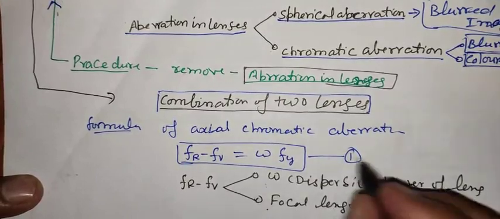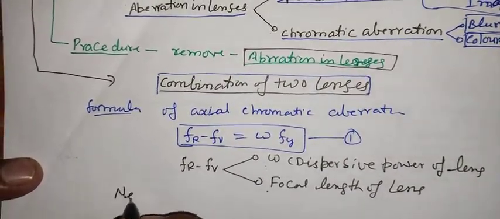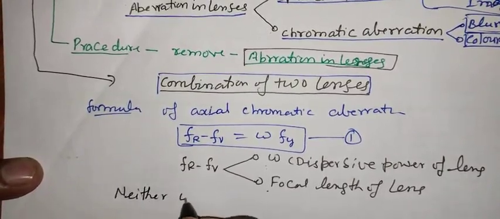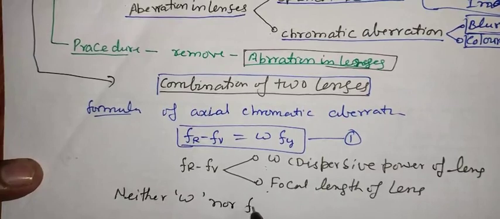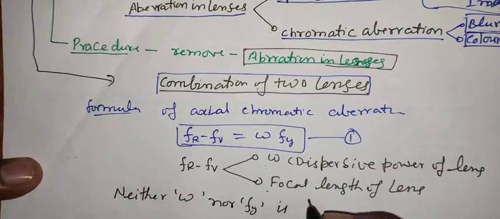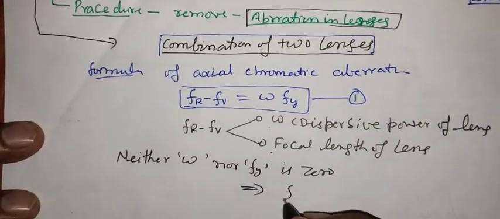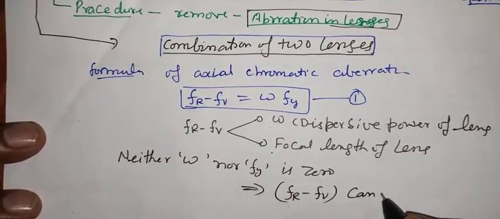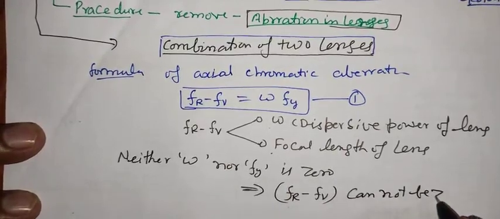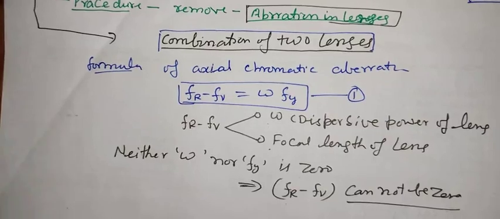Since neither omega nor Fy is zero, this implies that the aberration Fr minus Fb cannot be zero. So see how it can be minimized.